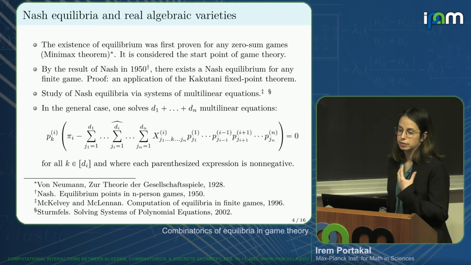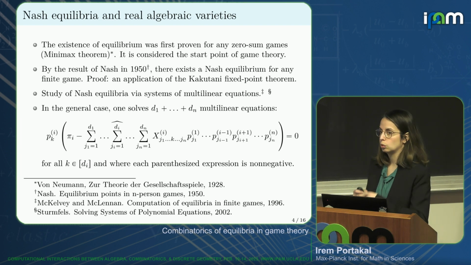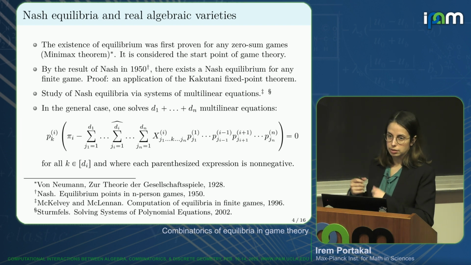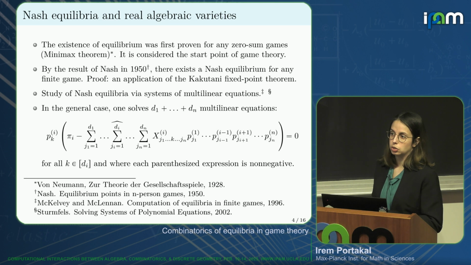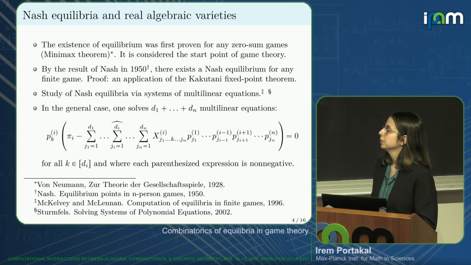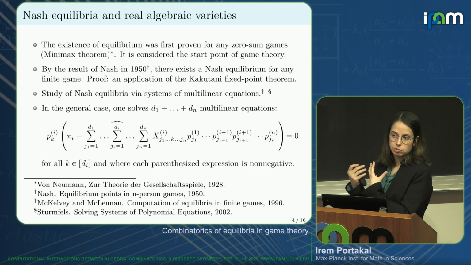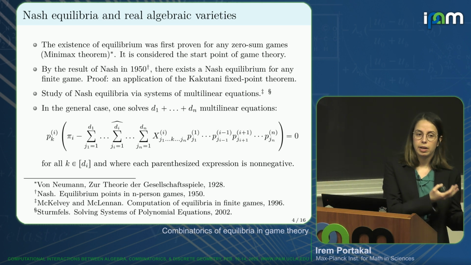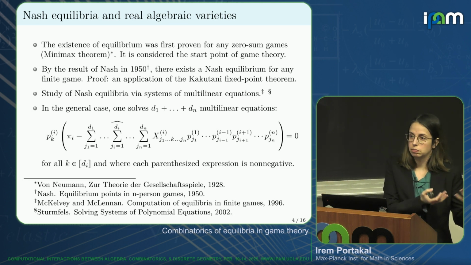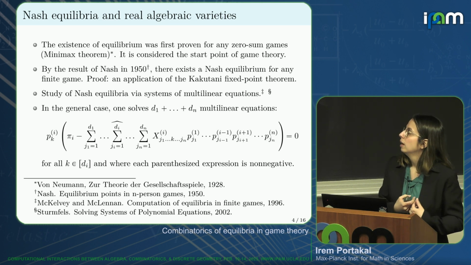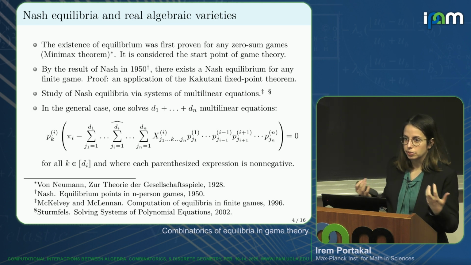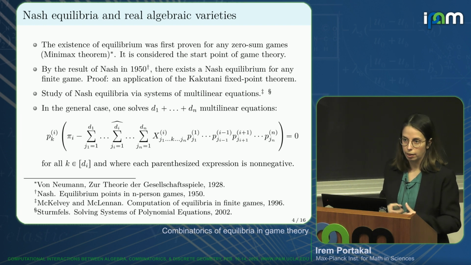He got the Nobel Prize for this paper. It's 2 pages long, and he uses a fixed point theorem from topology to show the existence: for any finite game, there exists one Nash equilibrium. This is very inspiring, because a classical result from topology comes into a completely other area of mathematics, game theory, and it gives you the solution of a big problem.